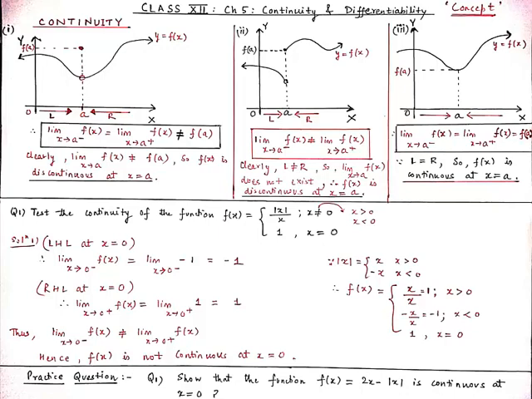So students, limit x tends to 0 plus, for x greater than 0, will always give us 1. So clearly you can see that at x = 0 our left hand limit is not equal to the right hand limit. So we can write this as limit x tends to 0 minus f(x) is not equal to limit x tends to 0 plus f(x). So from here we can say that our function f(x) is not continuous at x = 0.